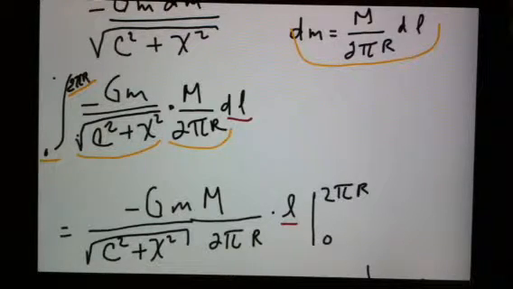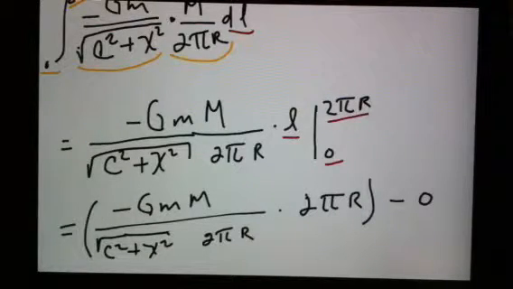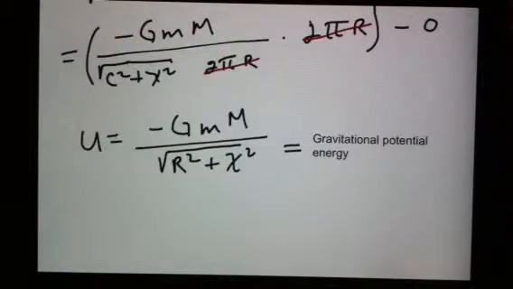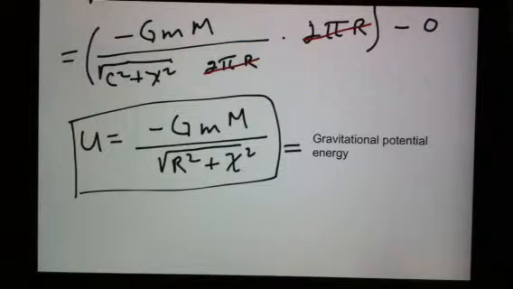And that's evaluated from 0 to 2 pi r. When we evaluate, we find that 2 pi r and 2 pi r cancel each other. And this leaves us with our final product, which is this gravitational potential energy.